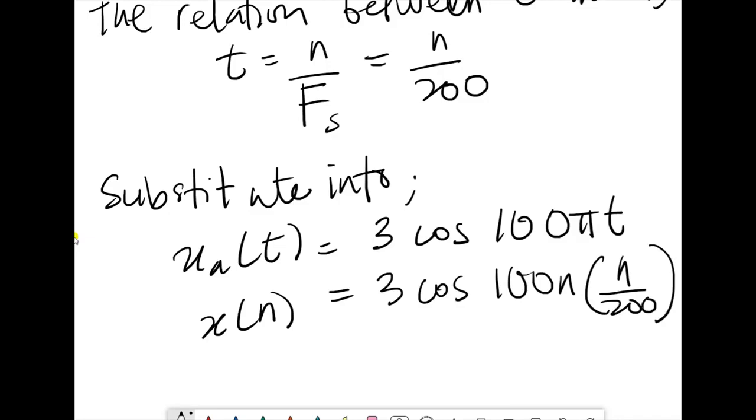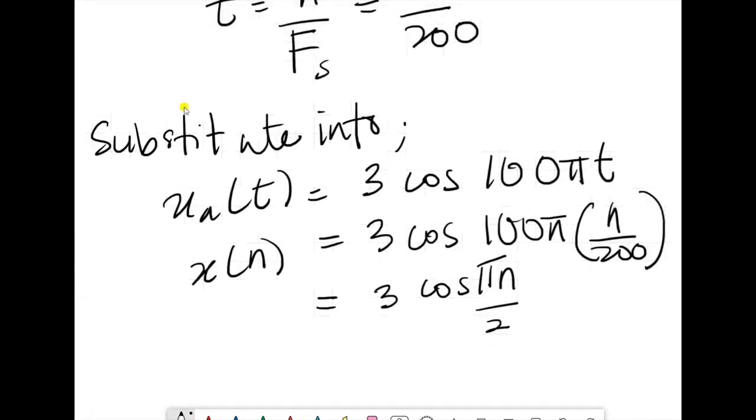Okay, so then you get 3 cos, sorry, I'm missing a pi. Yeah. So 3 cos pi n over 2. So this is your x(n), the discrete signal for xa(t), right?